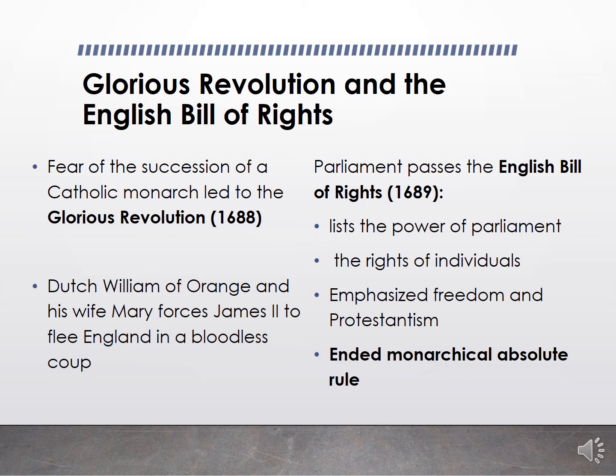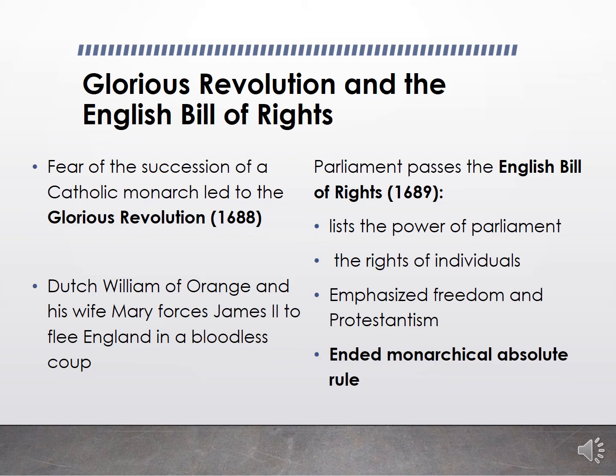The Glorious Revolution will lead to the ascent of the Parliament as being the primary political power in England from 1688 moving forward. When King William of Orange and Queen Mary come to take the throne, they agree to allow the Parliament to have this power.